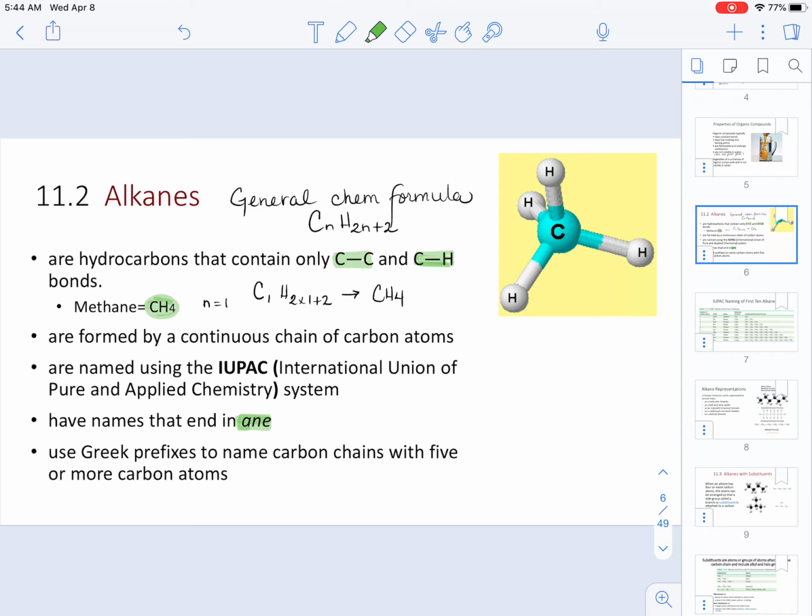They're going to be very systematic, meaning that you will see how the functional groups are very related to the name. And as you can see, we use Greek prefixes to determine the name of the carbon chains with 5 or more carbon atoms.